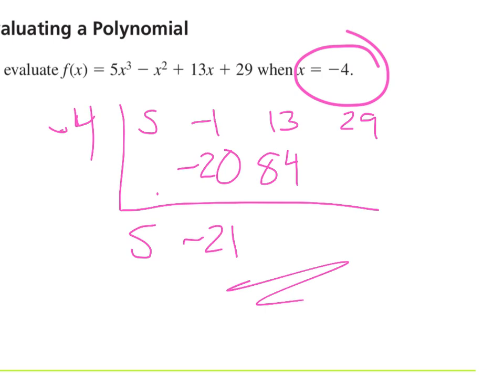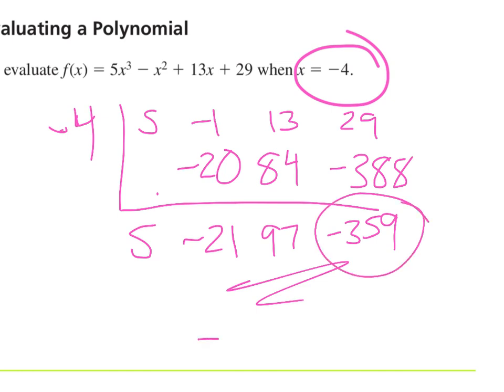84. 84 plus 13 is 97. 97 times -4 is -388. And then -388 plus 29 is -359. So here, our answer is just -359.